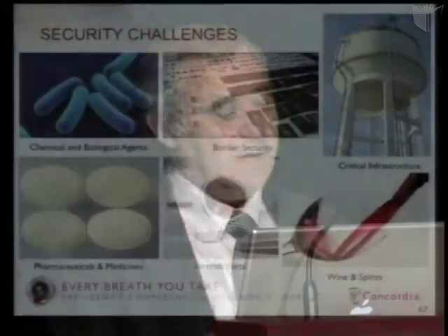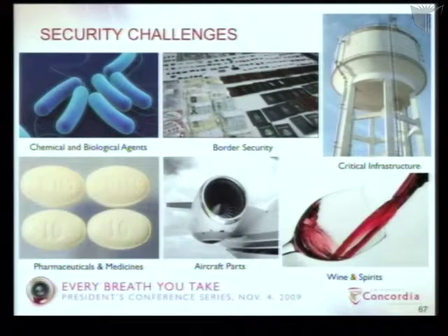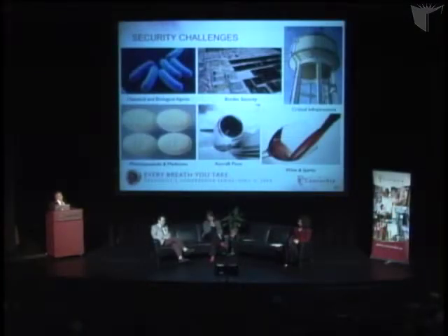The security challenges which we face, as you can see on the slide, are chemical and biological agents, border security, critical infrastructure, pharmaceutical and medicine, aircraft parts, for example, and wine and spirits. Just to give you some examples of how we're affected by this proliferation of chemical and biological agents, the security agencies have identified 23 bacteria, 43 viruses, and 14 toxins.